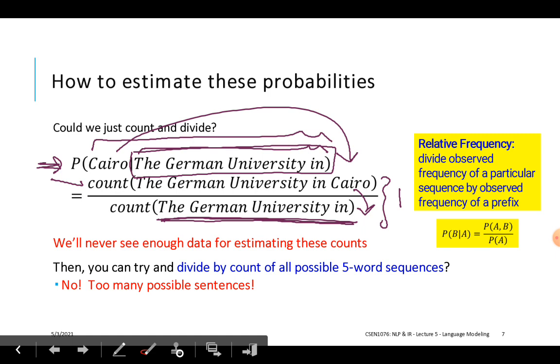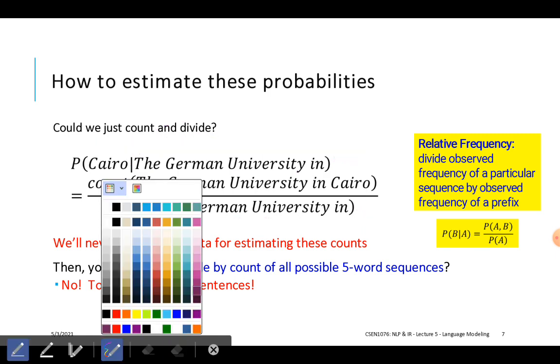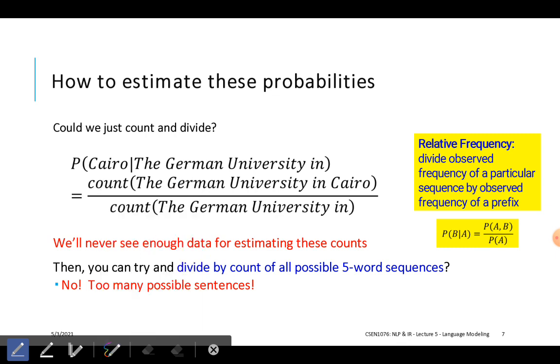So the problem here is that whenever you try to compute this count here, especially if the sentences are long enough, you will never be able to see enough data in order to estimate these counts properly and appropriately. So maybe in corpora related to all of the documents in the German University in Cairo, you will find this sentence and this sentence quite often.